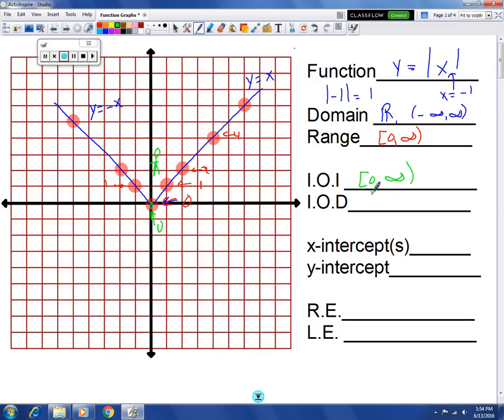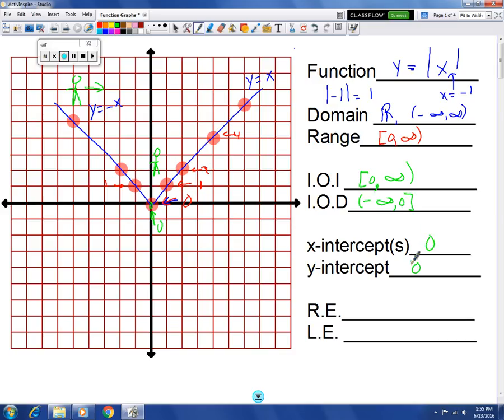Okay, interval of decrease. Start over here on this part of the graph and go to the right, it's decreasing. So from negative infinity to 0, the graph is decreasing. X-intercepts, it does touch the x-axis at x equals 0, and the y-intercept.